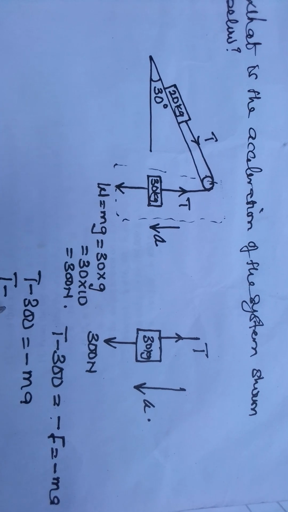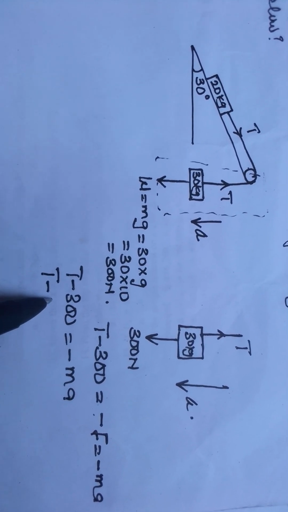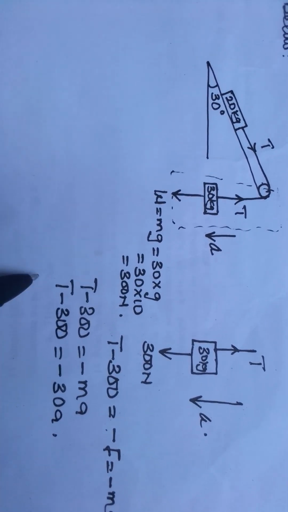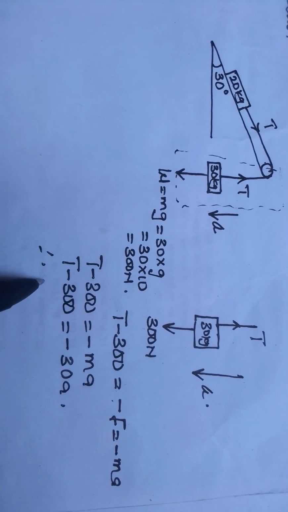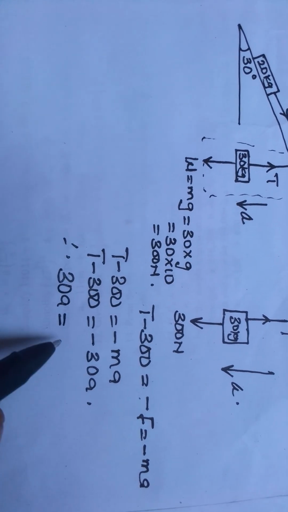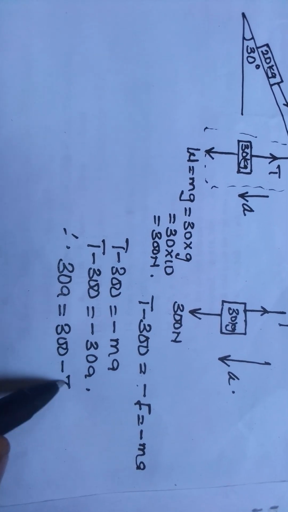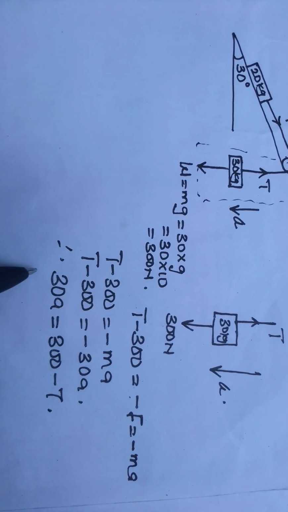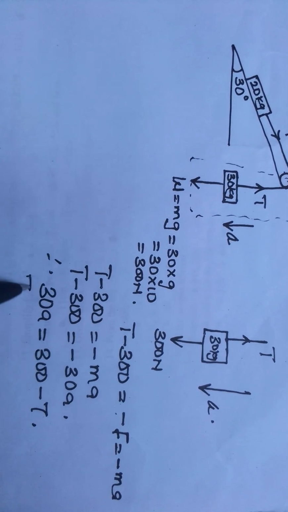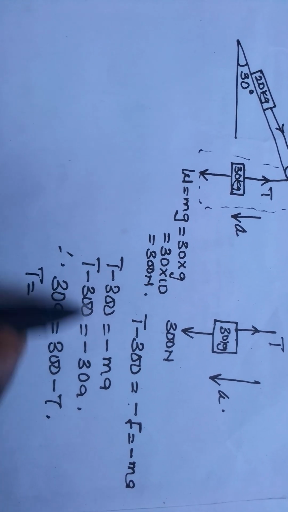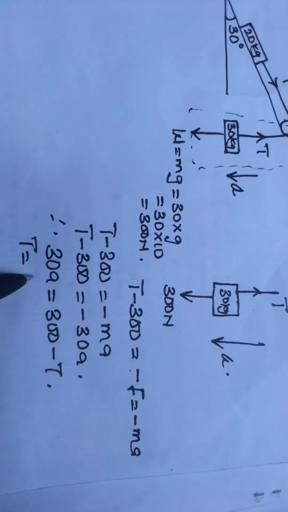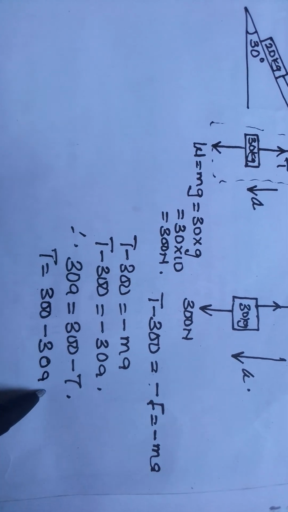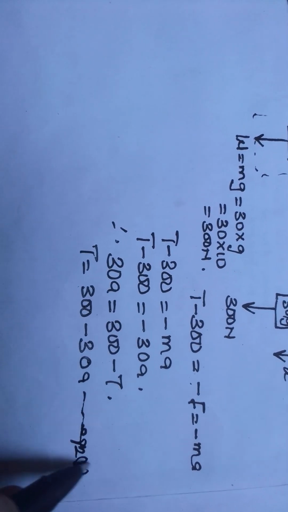Remember that our mass equals 30 kilograms, so T minus 300 equals minus 30a. You can as well say 30a equals 300 minus T, that is, we multiply all through by minus. From here T equals 300 minus 30a. This is equation 1.